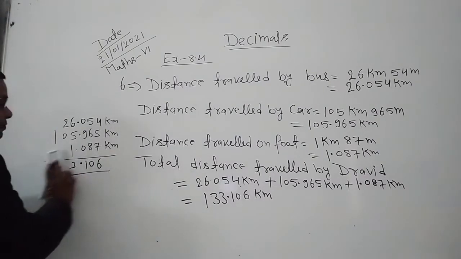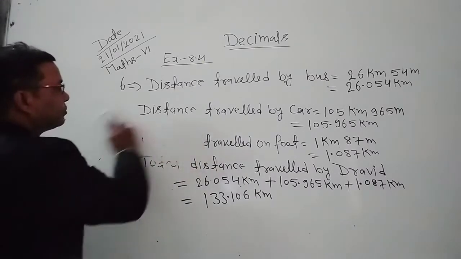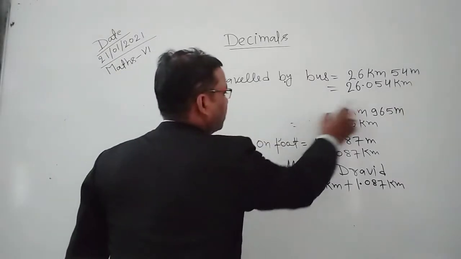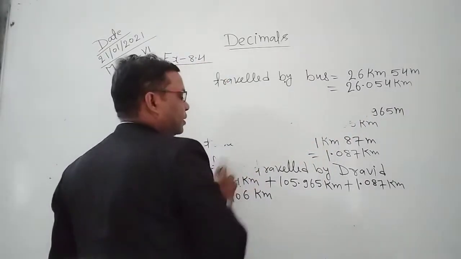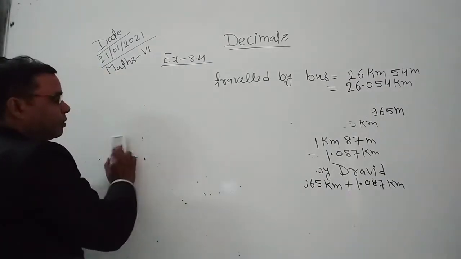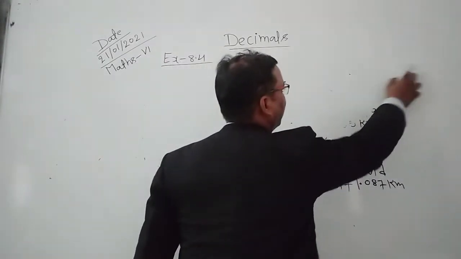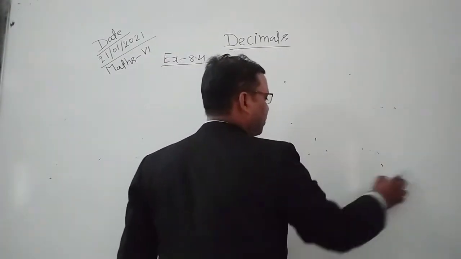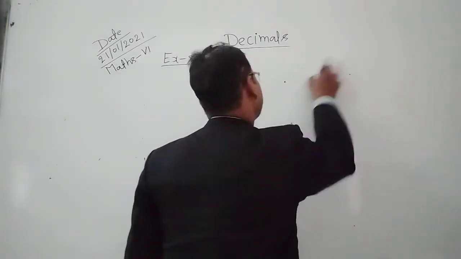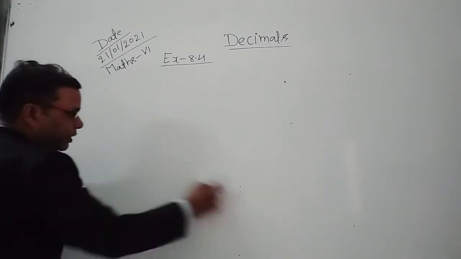Okay. Now this is question number 7. In this question, we subtract the cost of the book from the 500 note. Then we get the balance received by Rashmi. So first, what do we write here?